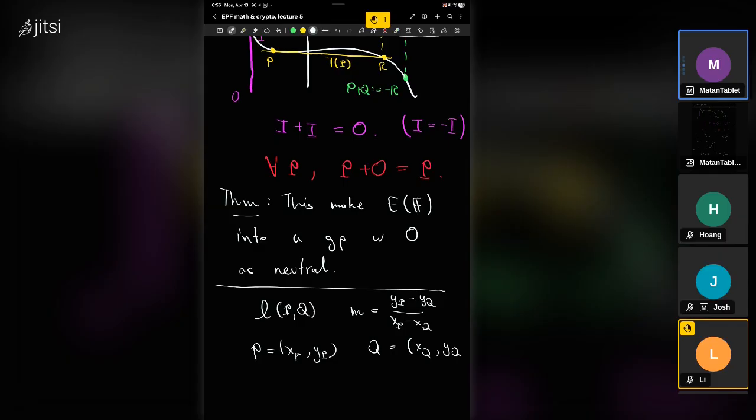And then Y minus YP equals M times X minus XP is the equation of the line between P and Q.